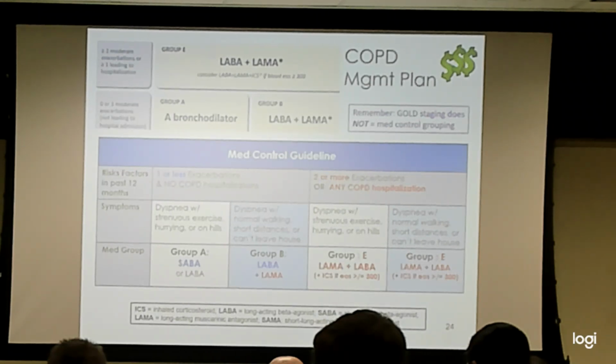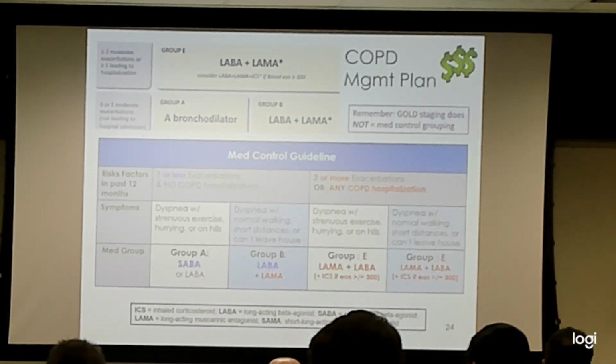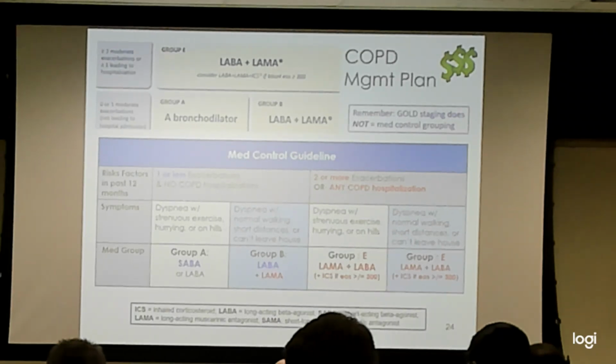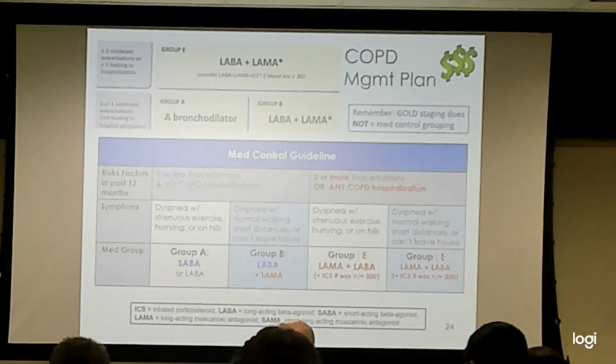And again, when we're talking about how to group them, you look over to the left, we're talking about symptoms, and then risk factors. Risk factors and symptoms are how we're going to do asthma as well. That's how we gauge management. What kind of symptoms are you having, and what are your risk factors for exacerbation? And that, to us, weighs the pros and cons of giving people additional medications. Because with additional medications, what do we have?